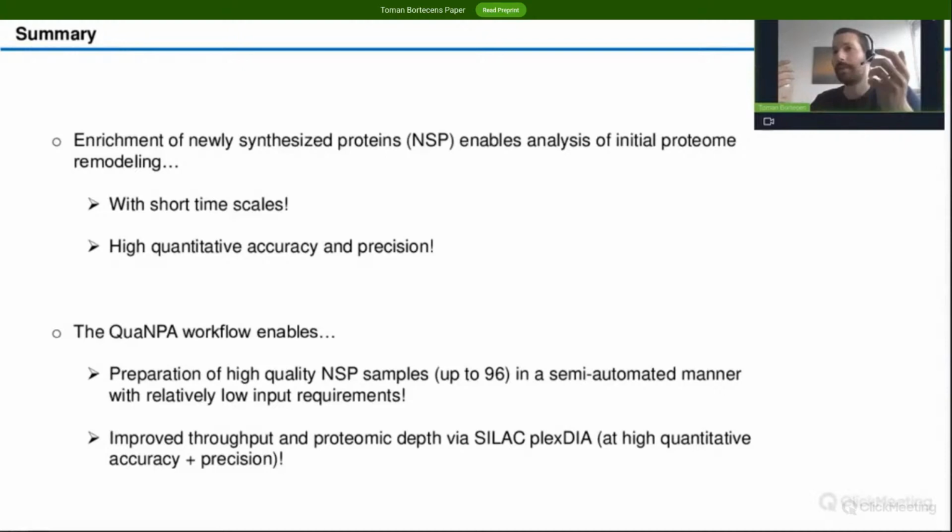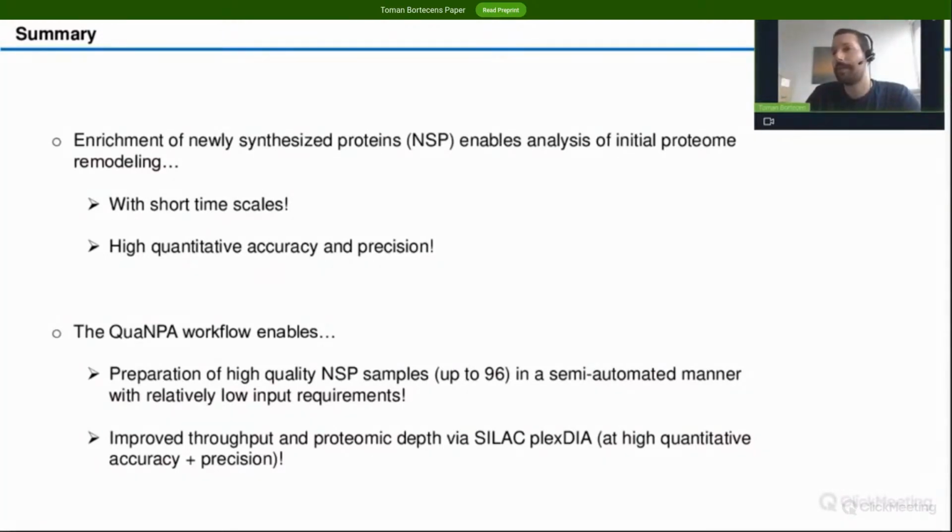In our work and the QuantPa workflow that we developed, we were able to improve on some of the limitations of pre-existing protocols or workflows, being that we can now process up to 96 samples in a semi-automated manner, and we can do so even with relatively low protein input requirements, which really streamlines the preparation of these samples.